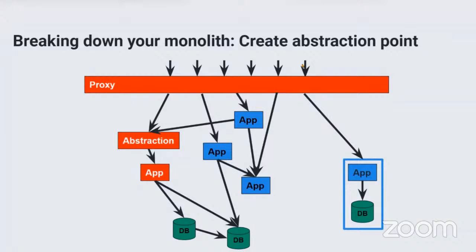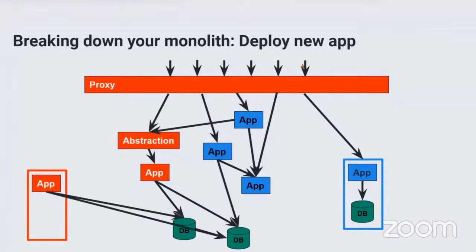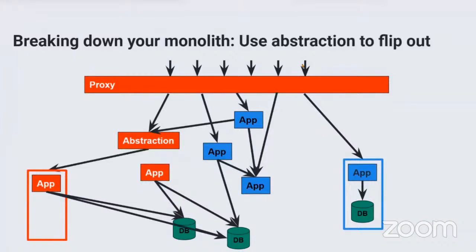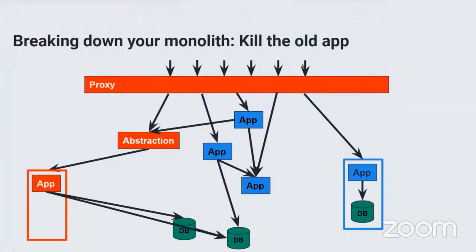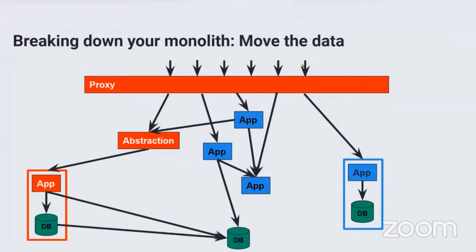And again, this abstraction layer is basically doing the same thing that the proxy did. It's just capturing all the traffic, passing it all straight on. We can then repeat our trick by rebuilding a new version of the application somewhere else, using our abstraction layer to point to the new version when we're ready. We can possibly be running it in the background through some sort of dark launch scenario. And we can clean up the old one, and we can begin to move our data across.